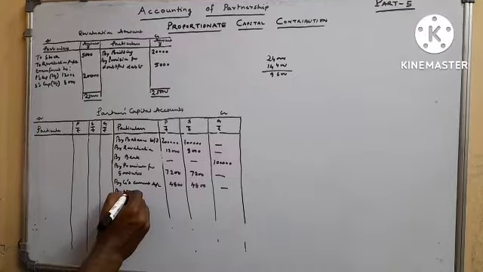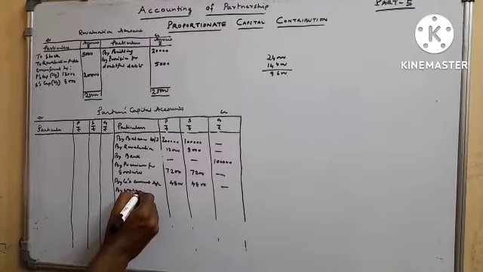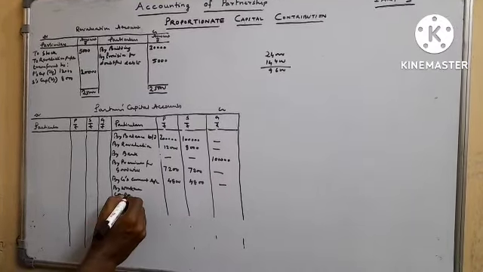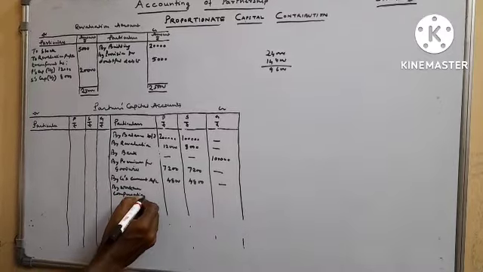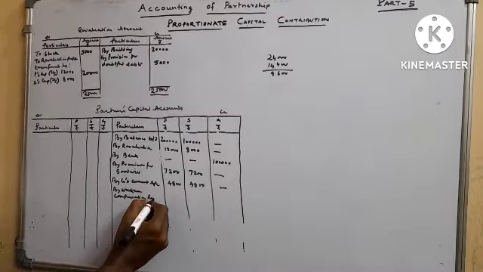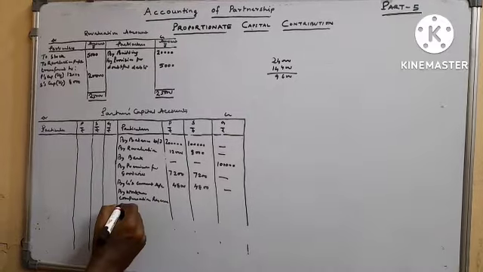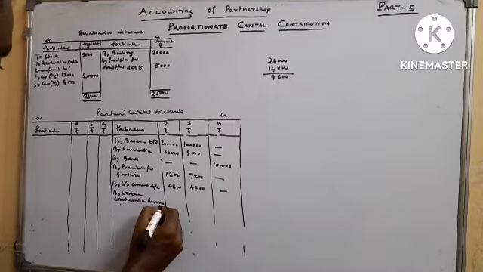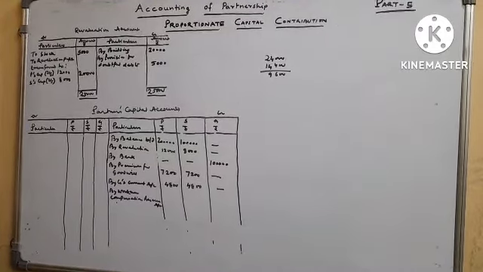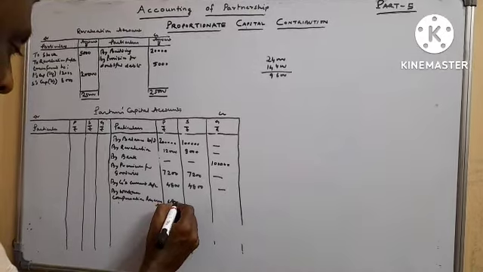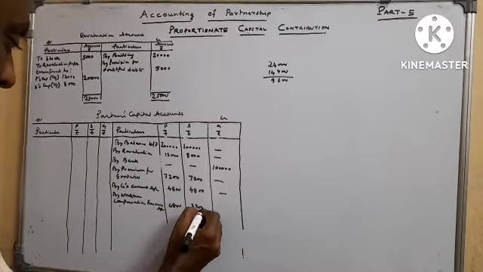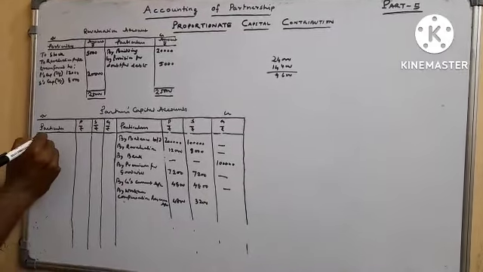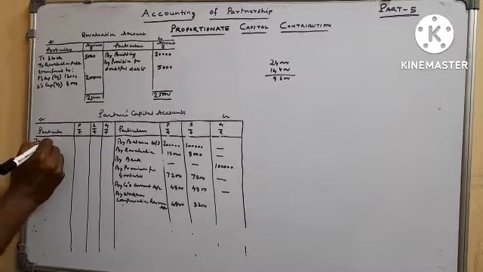Now workman compensation reserve. Previously we did the entry transfer to partners capital. Workman compensation reserve account, how much will be distributed? 4,800 for P and 3,200 for S. Now advertisement suspense given in the balance sheet, that should be written off.